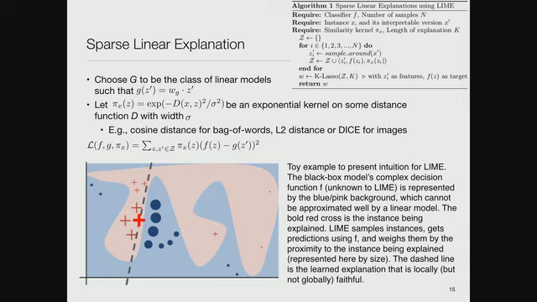We then learn a linear boundary between the positive and the negative cases, and that boundary is an approximation to the actual boundary in the more complicated decision model. Okay?